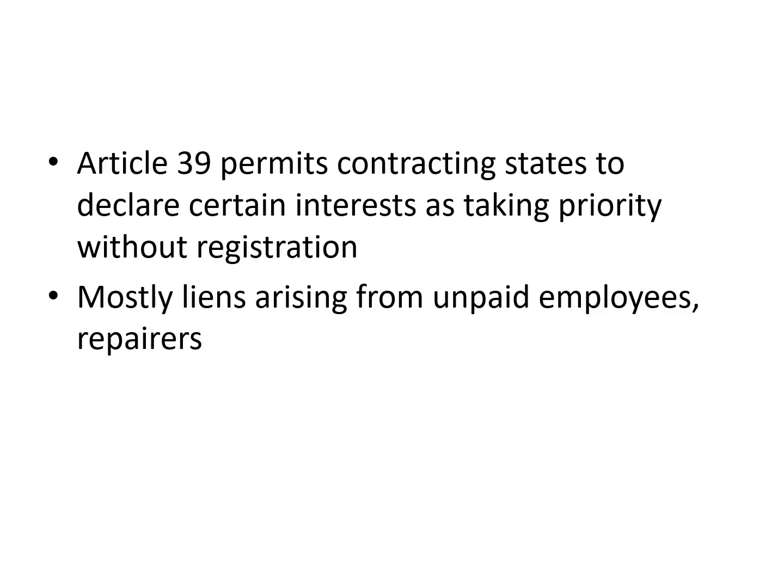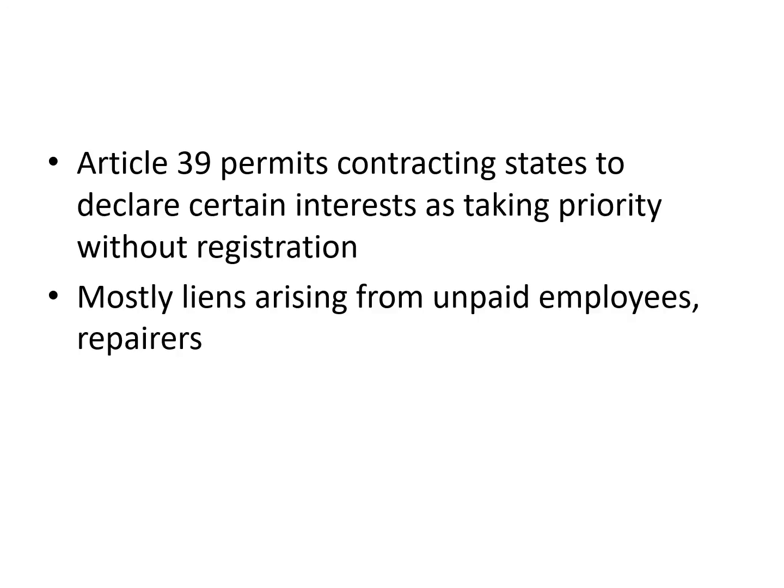And Article 40 and Article 39 are likewise giving the states choices. Article 40 gave it a choice with respect to regulatory charges such as taxes and airport fees. Article 39 allows for contracting states to make other interests have a prior interest without the need for registration.